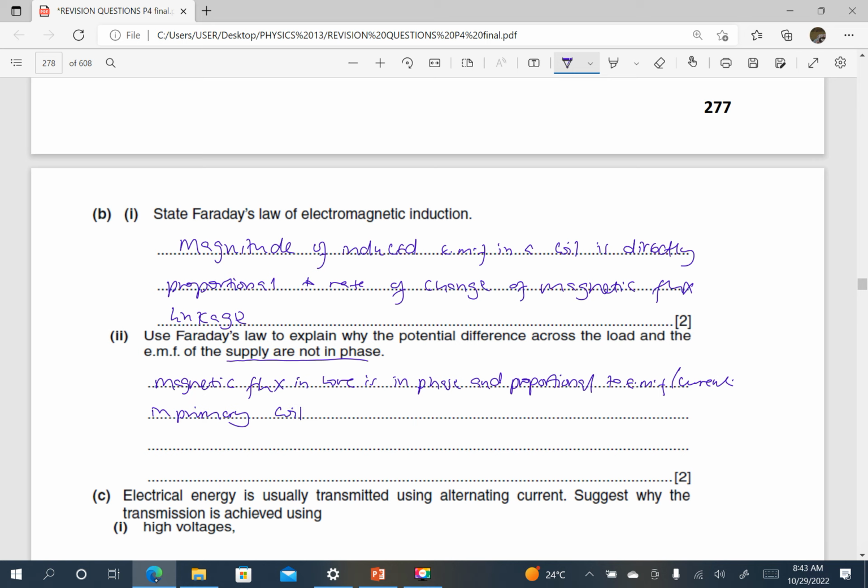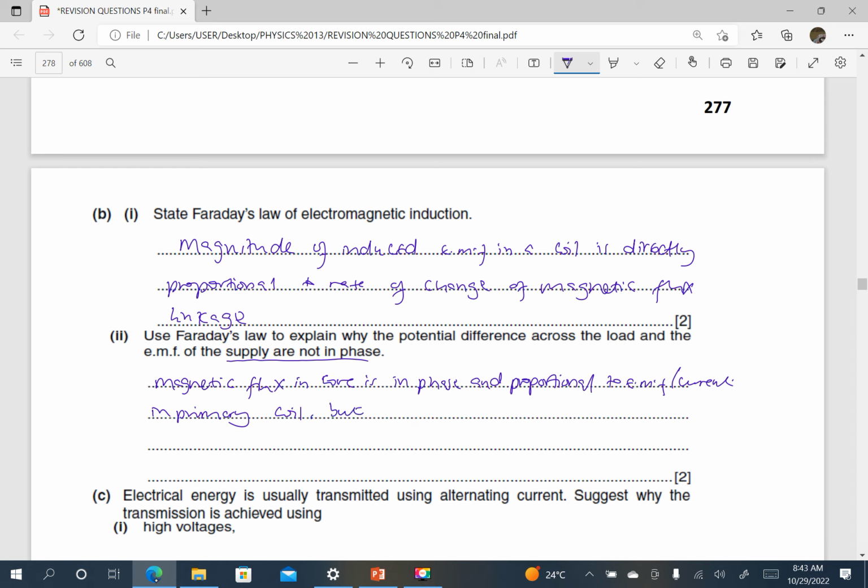Yet an EMF is induced across the secondary. The EMF induced across the secondary is proportional to the rate of change of flux. Yet the magnetic flux in the core is in phase with and proportional to the EMF in the primary coil.